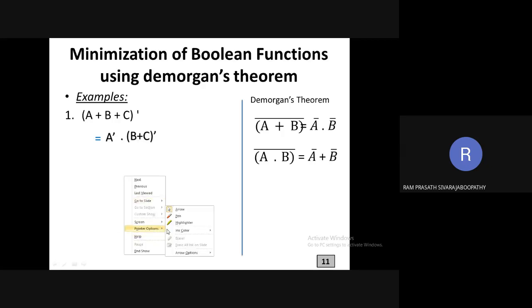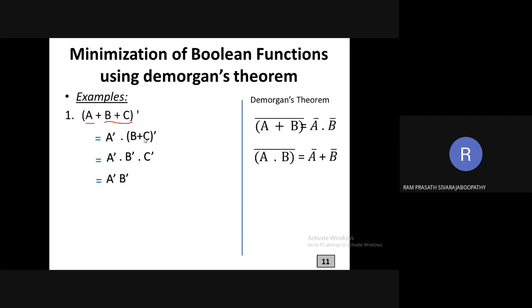I have taken b + c as one term and a as one term. For example, let a be f1 and b + c be f2. (f1 + f2) whole bar, what will it be? (f1 + f2) whole bar equals f̄1·f̄2. That is what we have written here, ā·(b + c) whole bar. That's it. Again (b + c) whole bar, how can we write? b̄·c̄. So ā·b̄·c̄, which can be written as ābc̄. It can also be written as ā b̄ c̄.